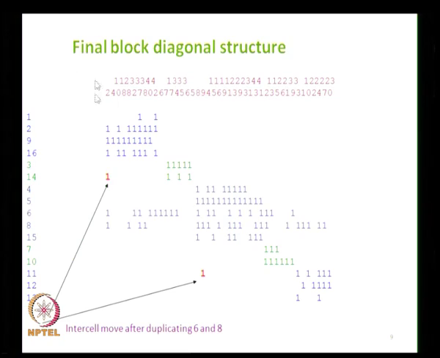Similarly, if there is a part which visits all the machines, take it out of the analysis and then see what more can be done, because such a part will create intercell moves.